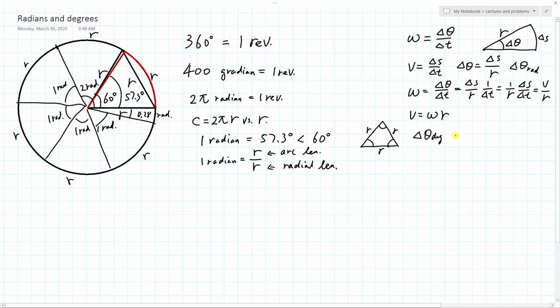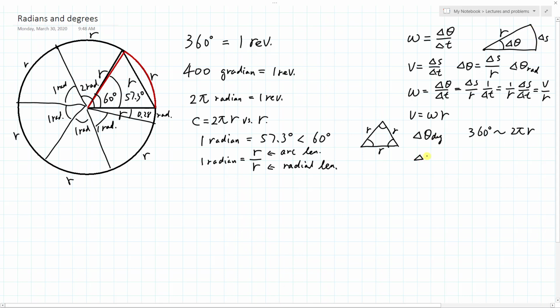We know that every 360 degrees corresponds to a total arc length of 2 pi r. So you take the angle, you divide by 360, and you multiply by 2 pi r. That effectively converts the angle into the arc.